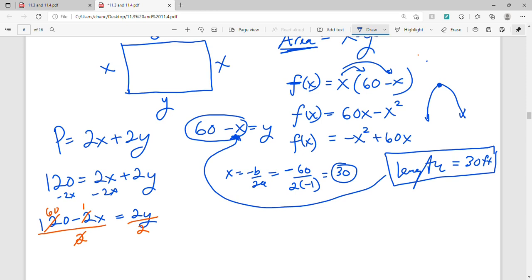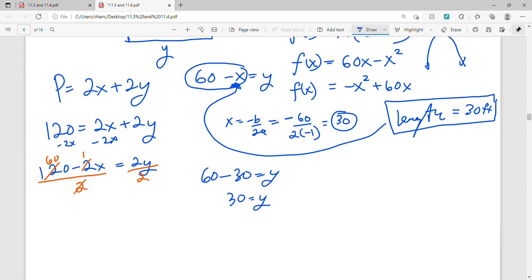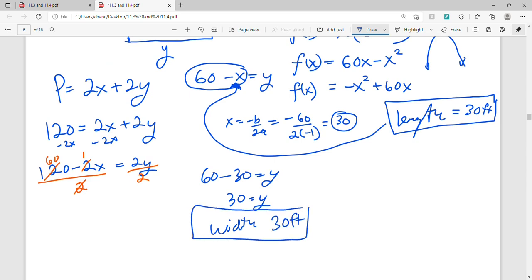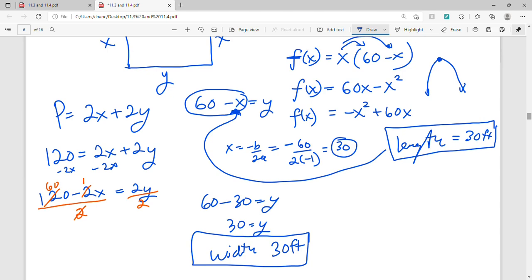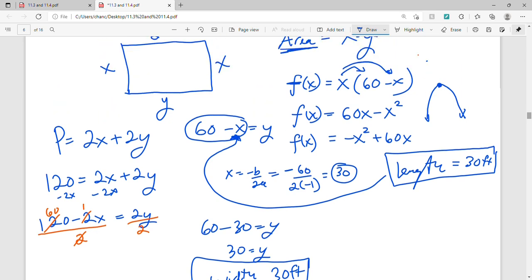So that gives me 60 minus 30 equals y. And 60 minus 30, that gives you 30. So y equals 30, which implies the width is also 30 feet. So we have the length being 30 feet and the width being 30 feet. Those are the dimensions of this rectangle. It's actually a square. The length and the width are the same.